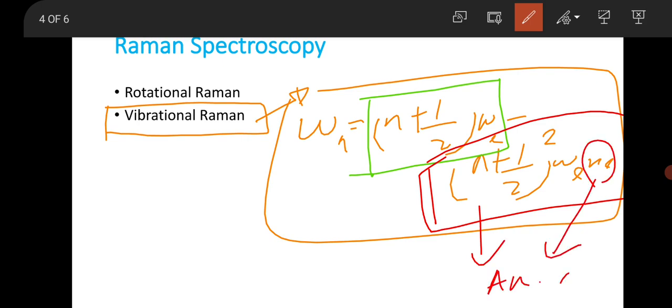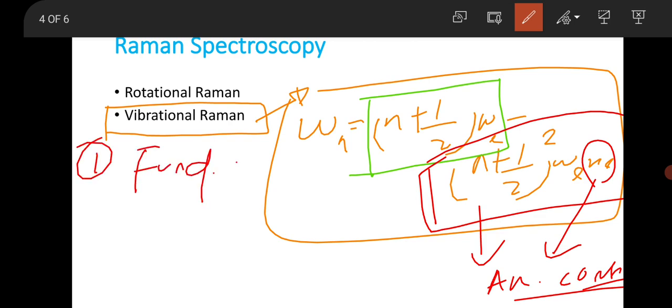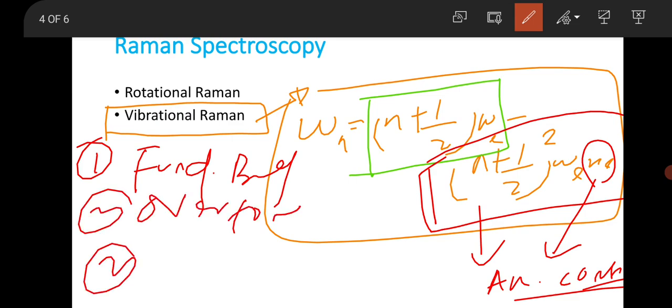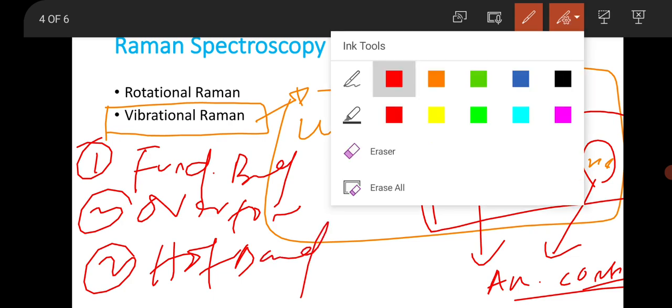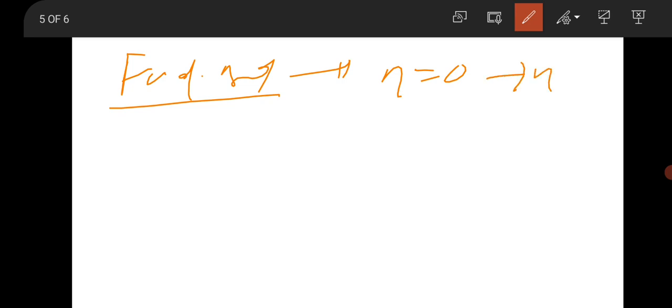So the question will be from the fundamental band, overtone, and hot band. So the question will be from this expression. They may have a question like, what is omega e from the fundamental band? For the fundamental band the transition will be from n equal to 0 to n equal to 1.